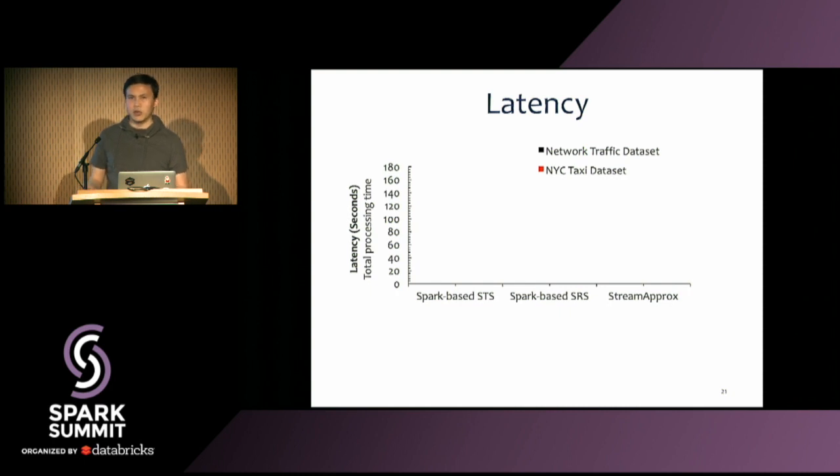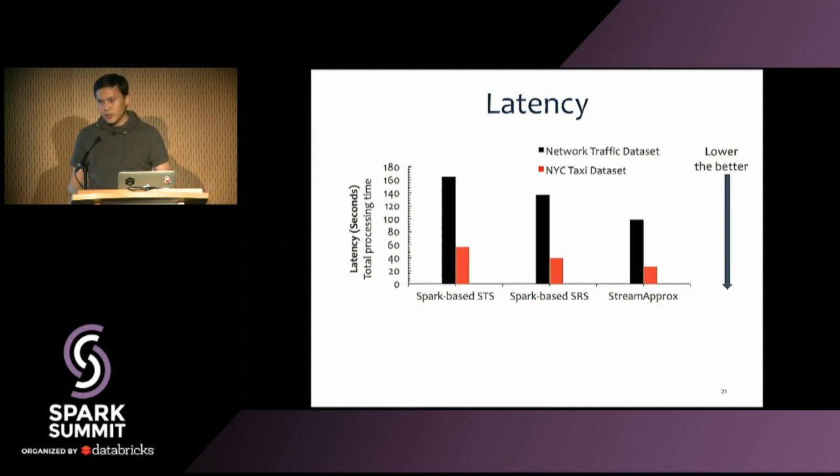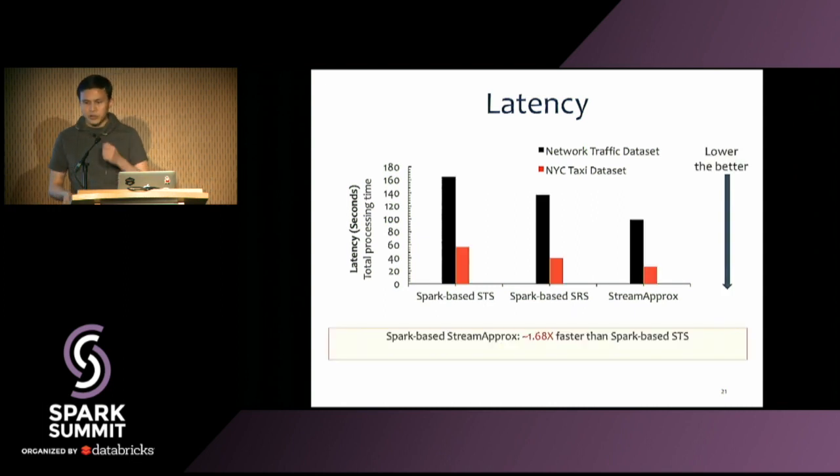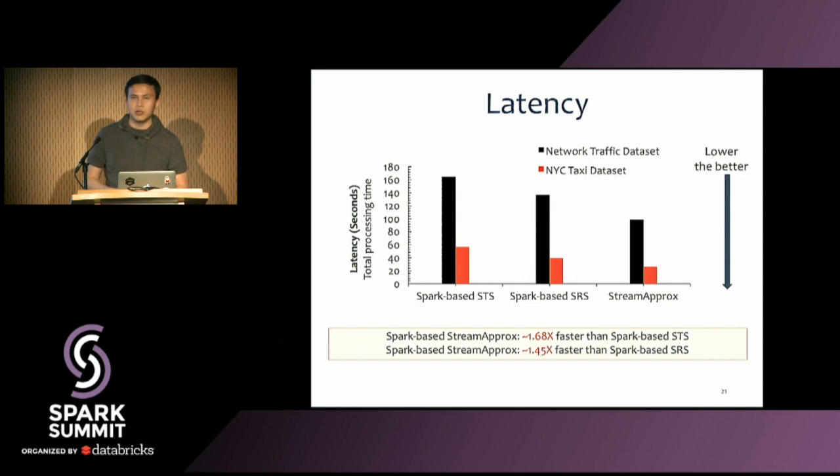In the figure, the x-axis shows the name of the system, and the y-axis shows the total processing time. The lower, the better. Our system achieves around 1.68 times speedup compared with Spark-based stratified sampling, and around 1.45 times faster than Spark-based simple random sampling, respectively.